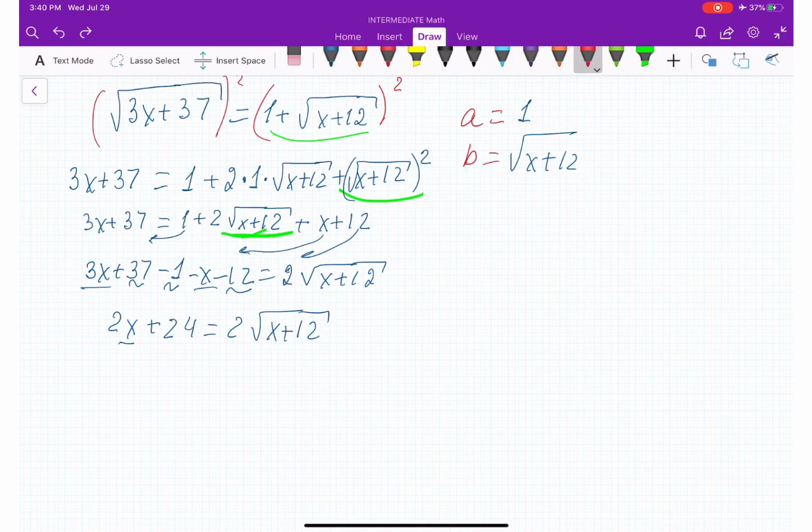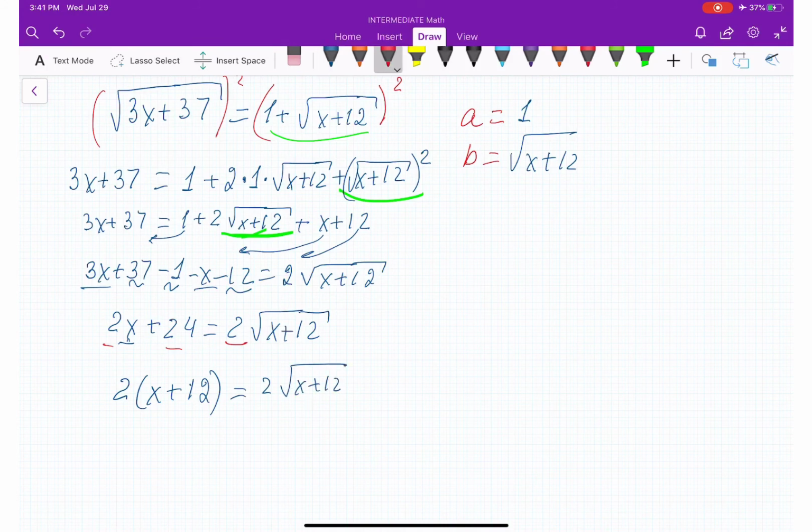Look what I'm talking about. Here I have these two, and here I can take common factor as a 2. Twice x plus 12, because 24 divided by 2 is 12, and 2x divided by 2 is x. And here will be 2 square root x plus 12.